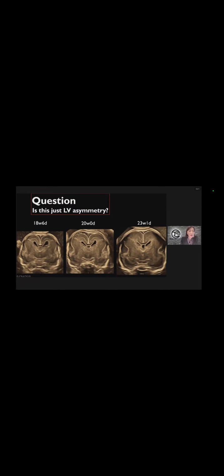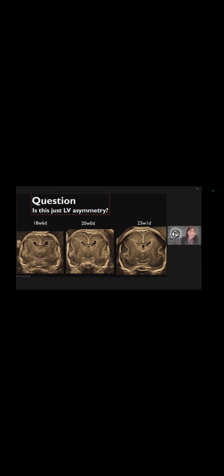Now, the lateral ventricular irregularity. Sometimes, those are 3 cases of the irregular ventricular wall, at 24 weeks, 19 weeks, and 20 weeks of gestation. You can see this is exactly the periventricular heterotopia. And sometimes we see this kind of irregularity of the ventricular wall. And here, this is a question: is this just the lateral ventricular asymmetry?